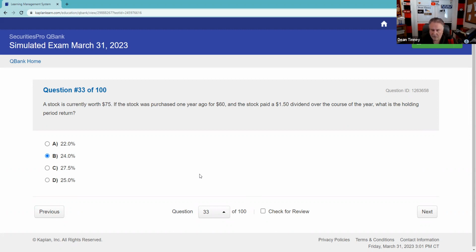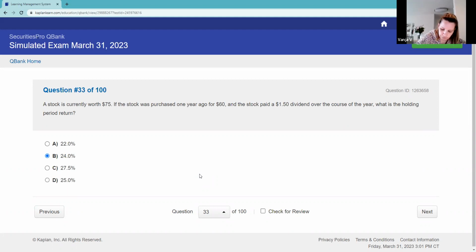So we've made a total of $16.50. And to make that $16.50, what did we pay for the investment? $60. Right. So take our 16.50 and divide by 60. 27.5.